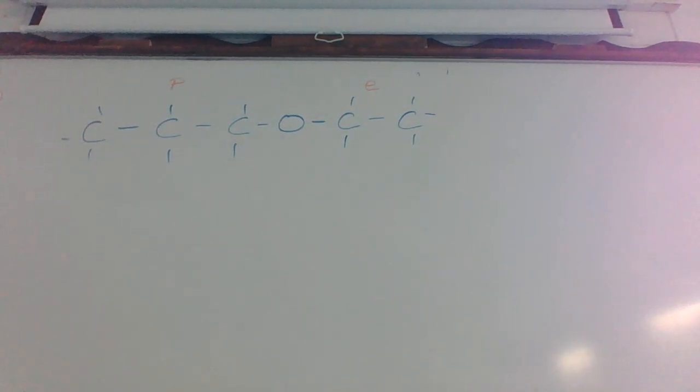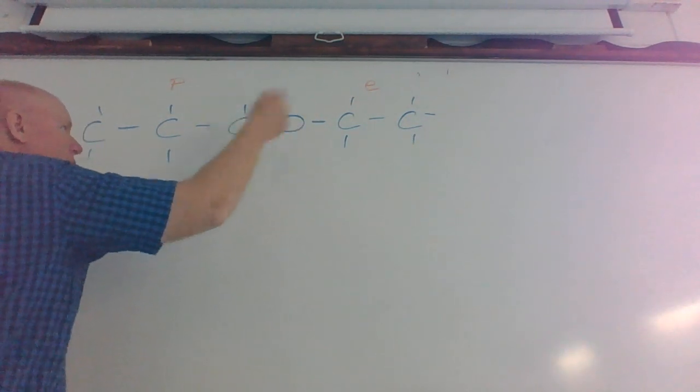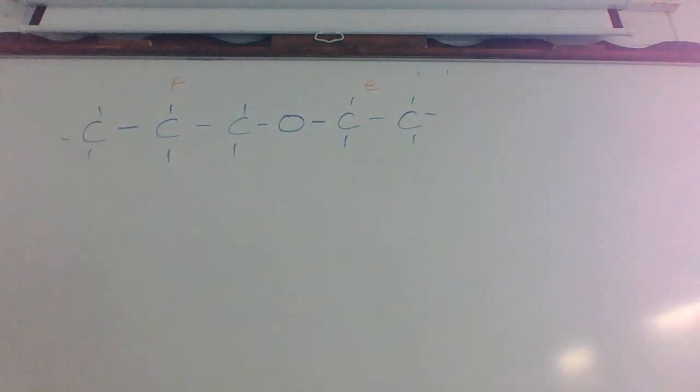So you would not have to specify where that oxygen is. You don't put any numbers in, saying 2 ethyl propyl ether. It's just ethyl propyl ether. Of course, at this level we're not concerned with naming them.